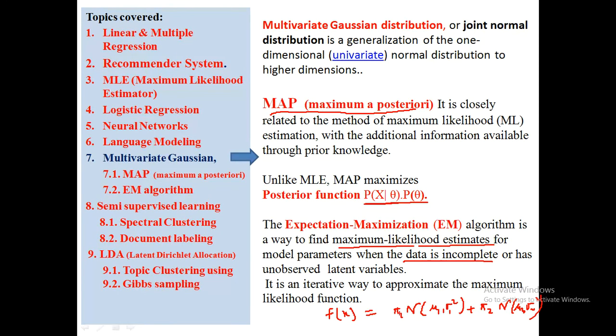So pi 1 and pi 2 are the weights; the weighted sum of the two distributions is the final distribution. In the M step we update the values of pi, mu and sigma. The initial values of pi, mu, sigma may be random or chosen with some prior knowledge.